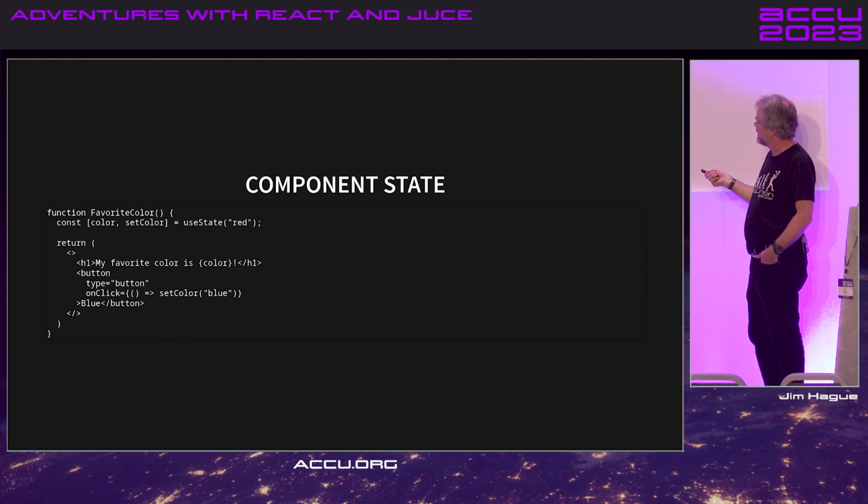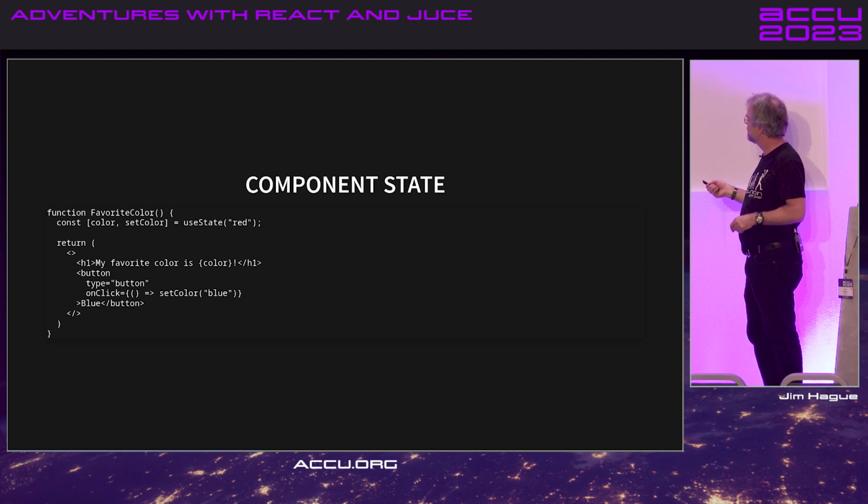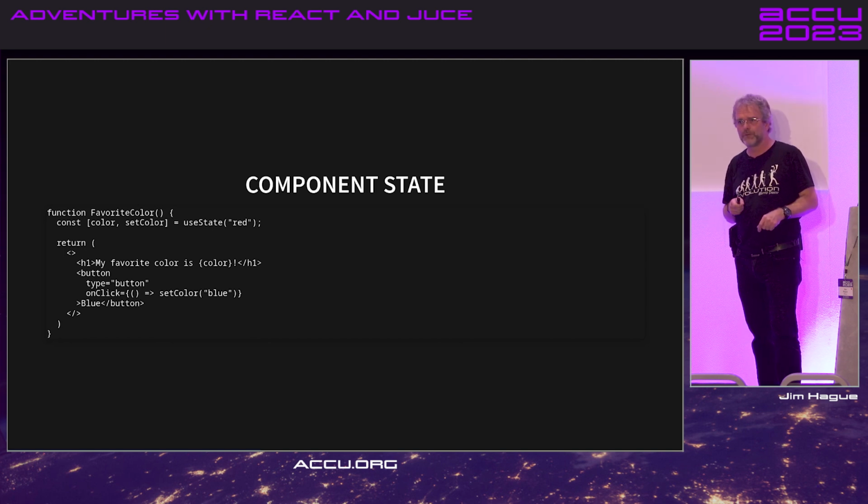This bit of syntax here is basically declaring a lambda. So this is saying pass to onClick, which you can probably guess what that does, a function which, when it's executed, when you click on the button, will change the state to blue.